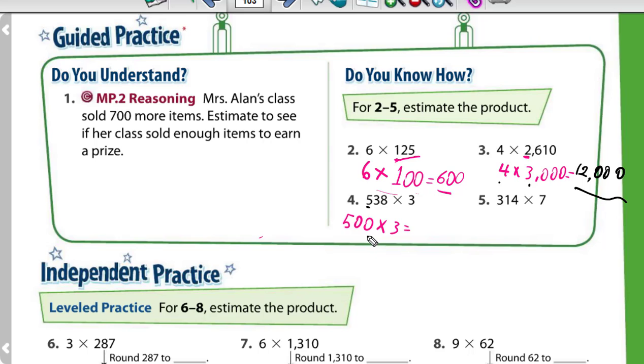Are you sure? No, not 3. We have 2 extra zeros. And after that, multiply 5 by 3, which is 15. So, ones, tens, hundreds, I will put a comma in here. So the answer is 1,500. This is the estimate. Thank you, Abdullah.